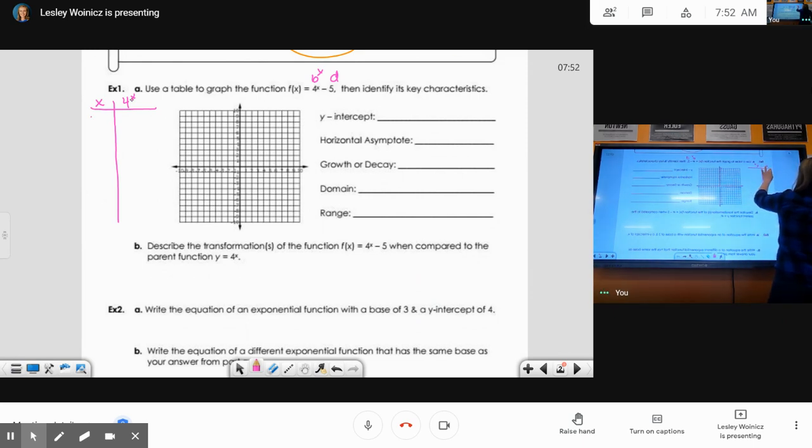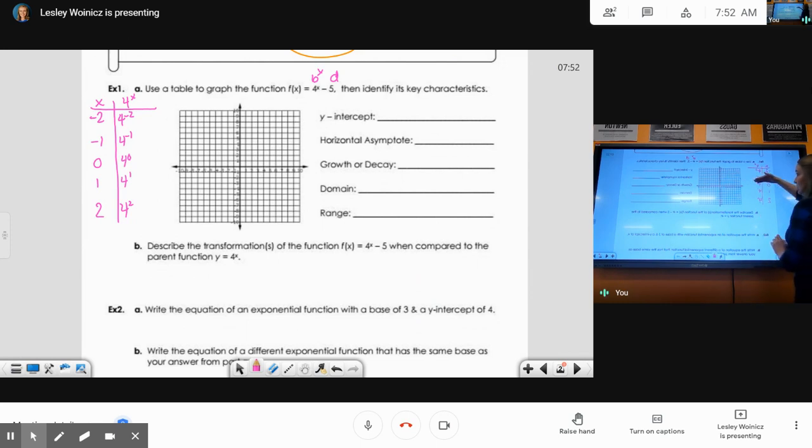So x is going to be our usual suspects, -2, -1, 0, 1, and 2. So I'll have 4 to the -2, 4 to the -1, 4 to the 0, 4 to the 1, and 4 squared. Now I'm going to simplify those.